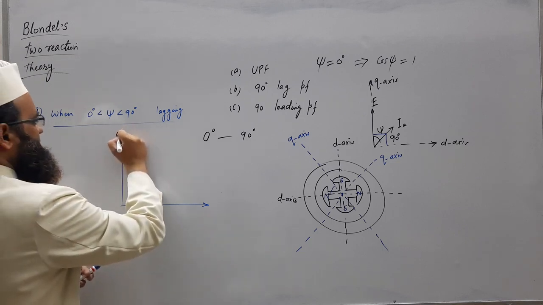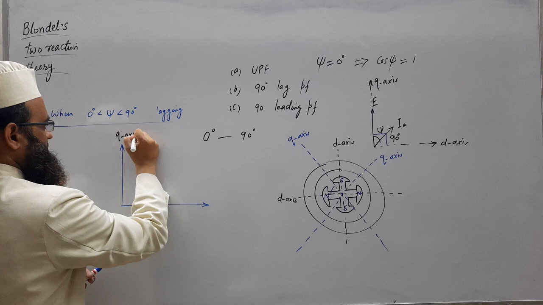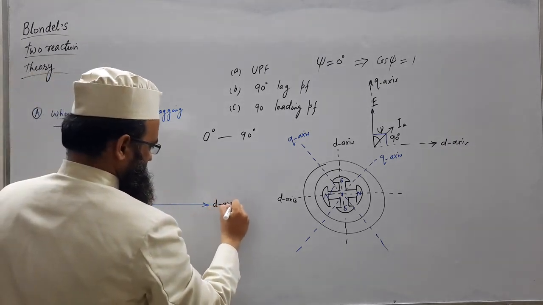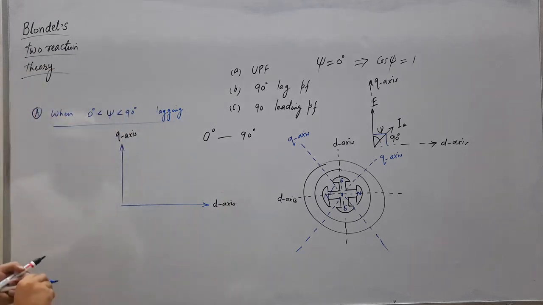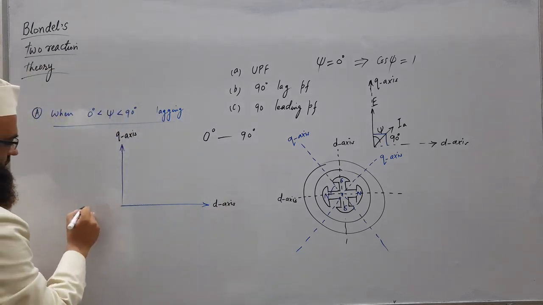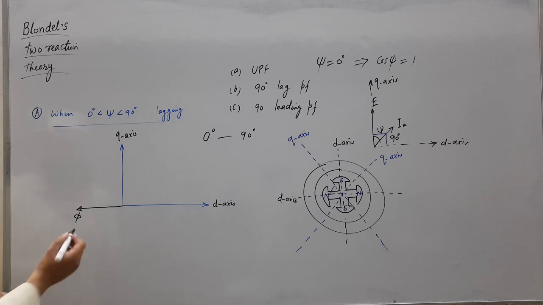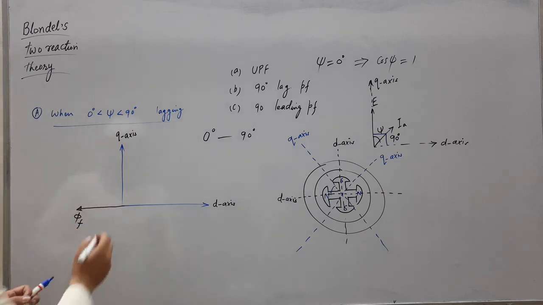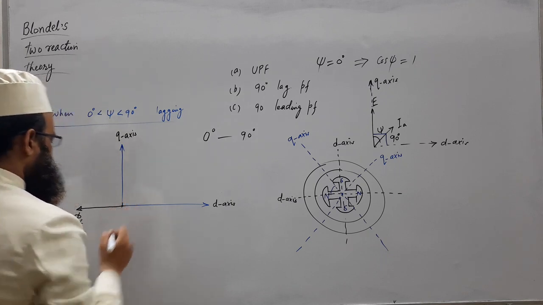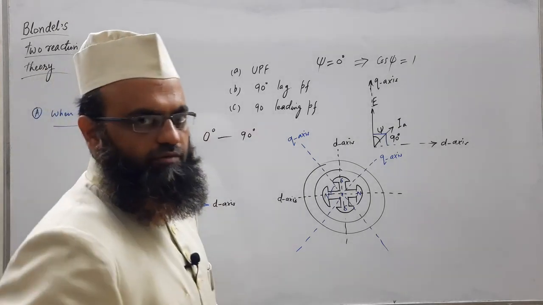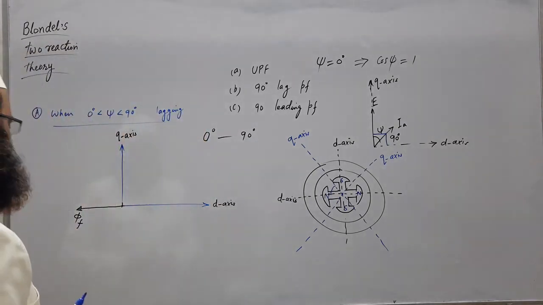This is the q axis, this is the d axis. First draw the main field flux, represented by phi f. What will be the axis of the main field flux? Along the poles, the d axis, the axis of poles.